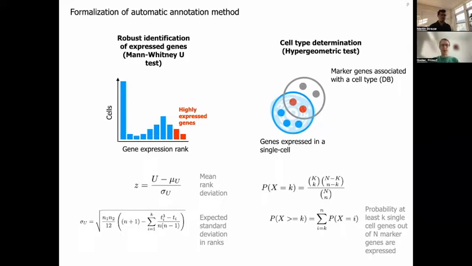The method itself consists of 2 general steps. In the first step, we identify highly expressed genes. We use a rank statistic for that, for example, the Mann-Whitney U-test in our case. And we select those genes that have mean rank deviation higher than a selected threshold.